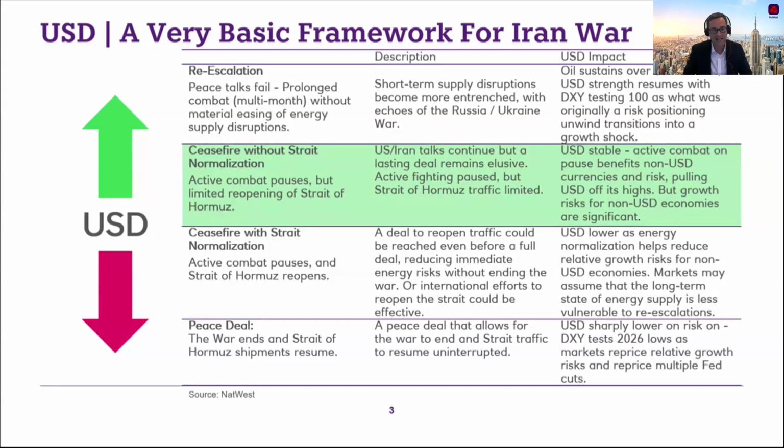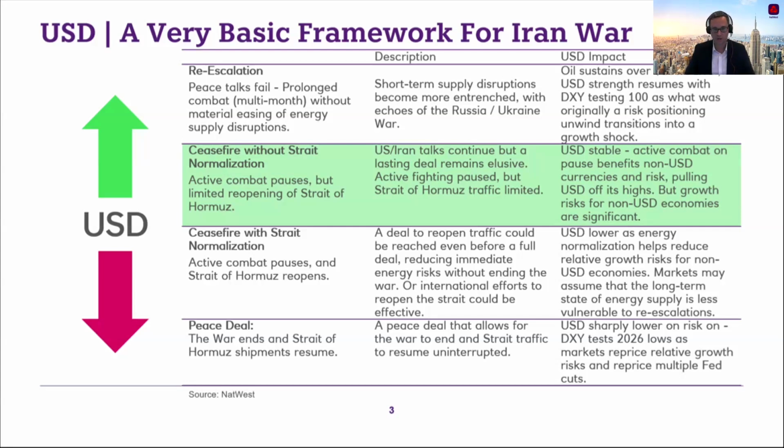As you move down this table here, we think about the more negative dollar scenarios, with, of course, the most negative being an outright peace deal where we see full normalization of the strait and also an end to active combat. Now, every day the discussions between the US and Iran are evolving. At the moment, we are where I've highlighted in green here, which is a ceasefire without a normalization in the strait.